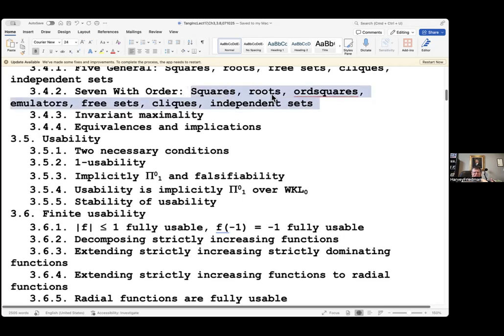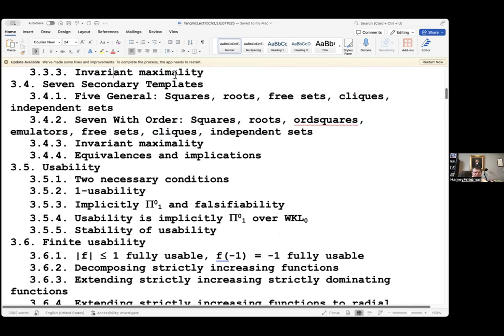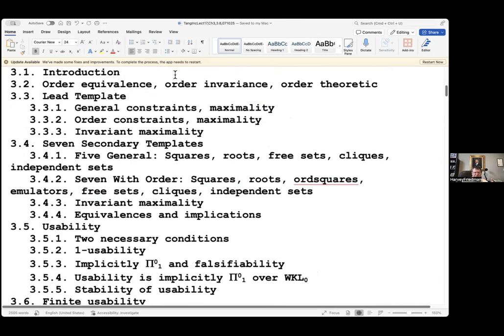You look for an invariant maximal square, an invariant maximal root, an invariant maximal ordered square, an invariant emulator, an invariant free set, an invariant clique, invariant independent sets. These don't obviously imply the master one, the order constraints one.